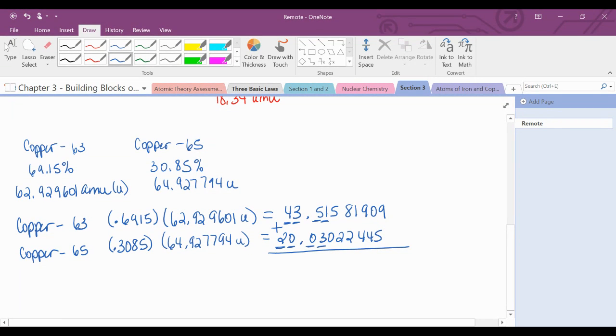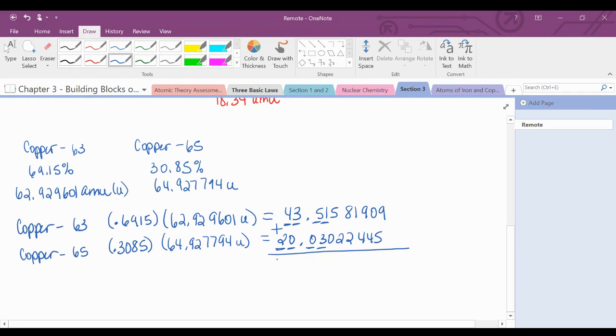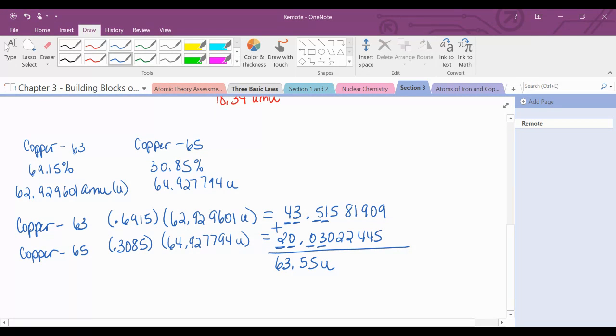So I underline the digits that are significant, so that when I go back, I can see that my answer should have 2 decimal places. Remember that when we're adding together numbers, we go with the fewest decimal places. Okay, so let me add these together. And when I do, I'm going to get this value when I round. And then this is my unit of AMUs.